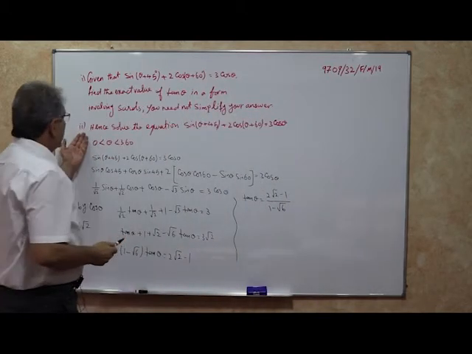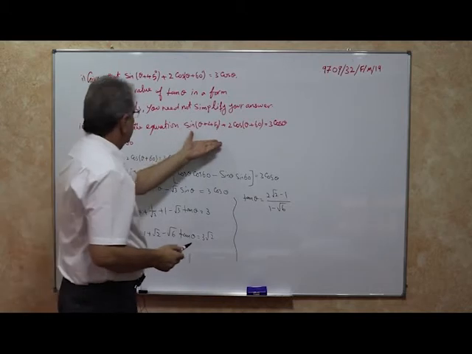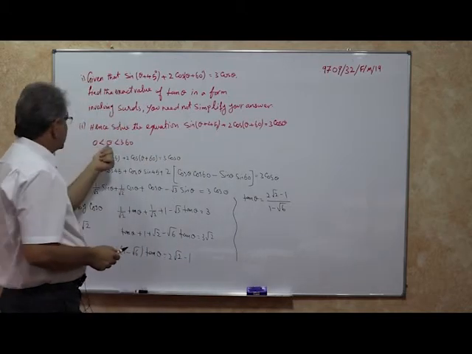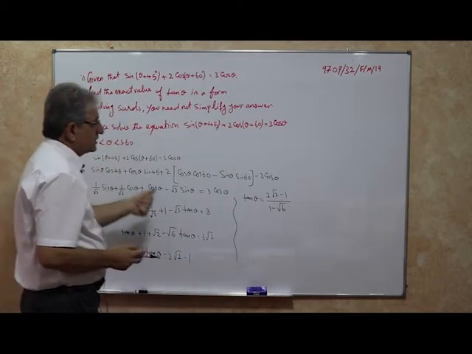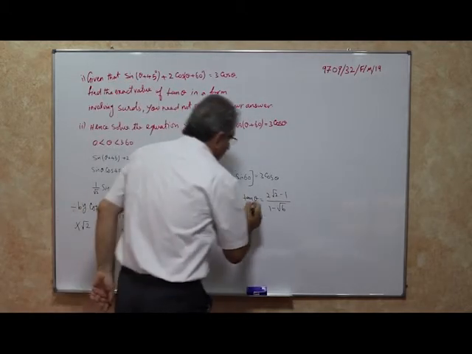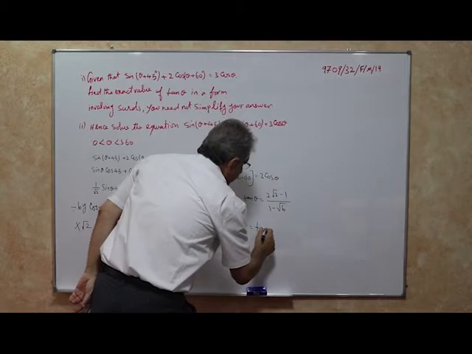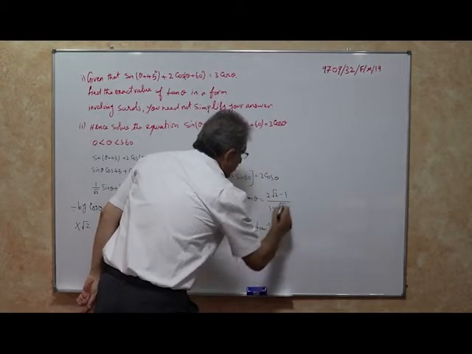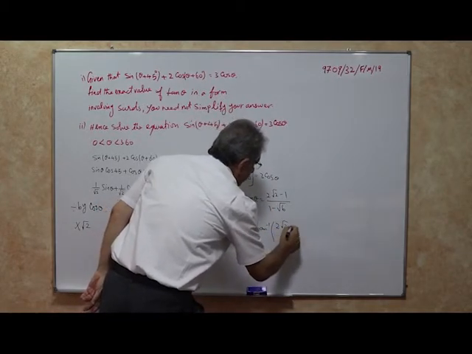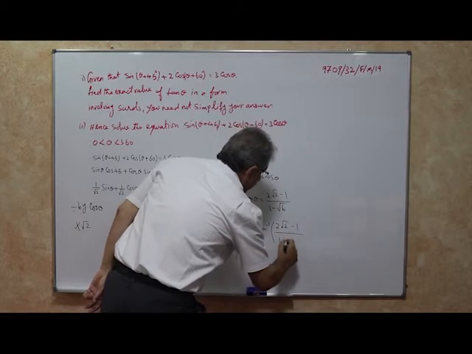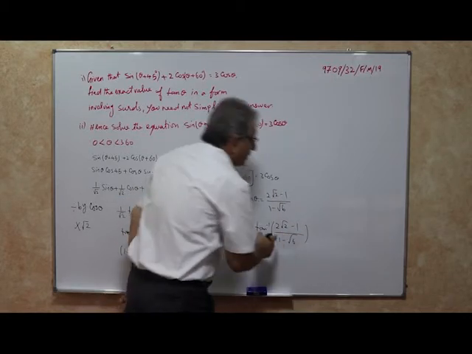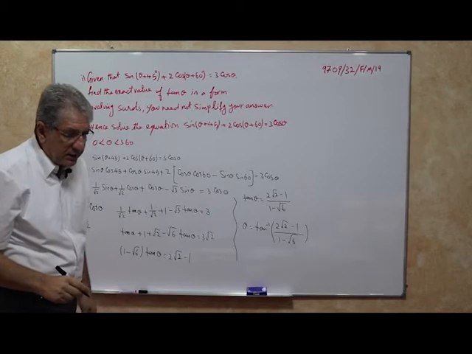Now, hence solve the equation when theta is between 0 and 360. From here I can find theta. Theta is equal to tan inverse of this number, 2 square root of 2 minus 1 over 1 minus the square root of 6. Just put it in the calculator and get the value.